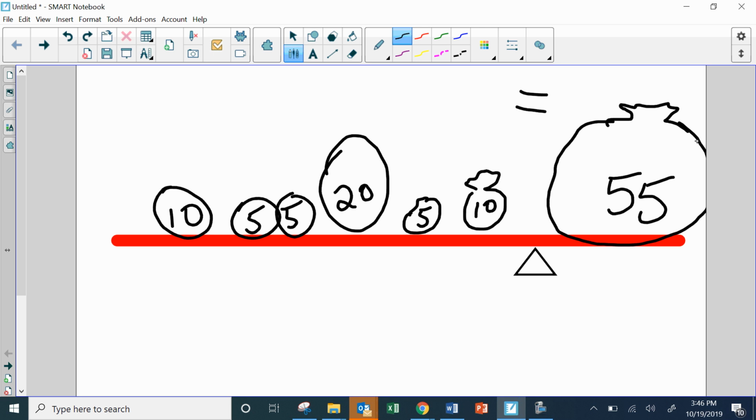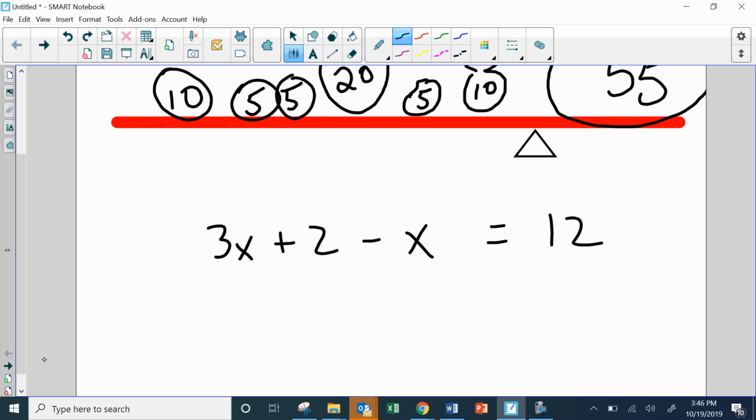So when I see people in an equation adding, like sometimes when we try to combine, I'll give you an example. So now let's say my equation is 3x plus 2 subtract x equals 12. Sometimes what I see is people doing this and they say, okay, well, I need to add x here and I need to add x here.